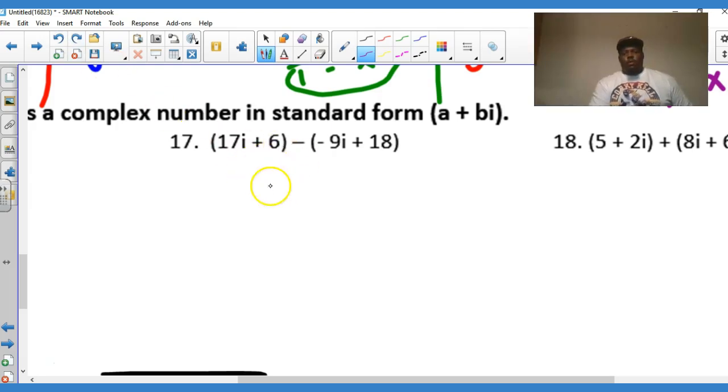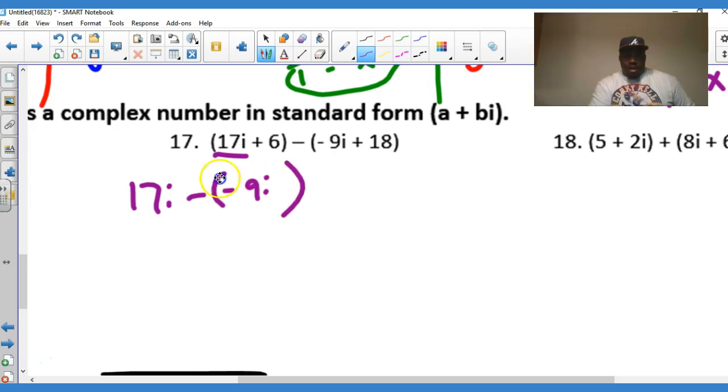Now, this problem over here, that's a minus. That means subtract. So look, the imaginary part, I'll start here. 17i, this is first. 17i minus negative 9i. All right. 17i minus, see the minus, a negative 9i. Well, ask yourself, minus and minus actually means plus. Y'all see that?